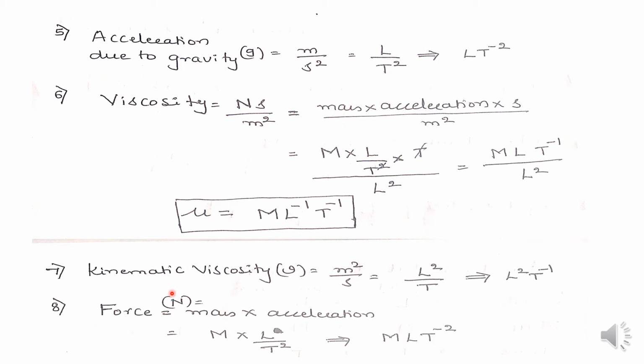Newton is the unit for force. How are we going to measure it? Mass into acceleration, where capital M is the fundamental dimension for mass. Acceleration is meter per square seconds, so L for meter length, square seconds t square. So M L t to the power minus 2.